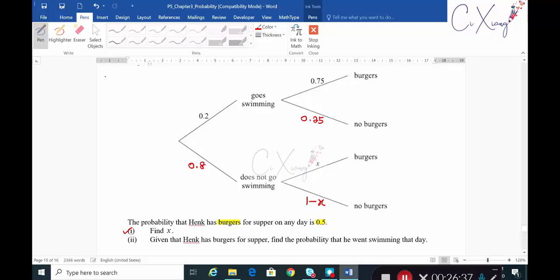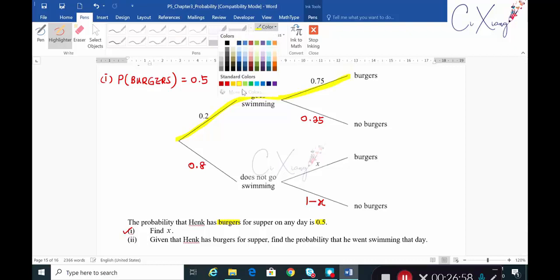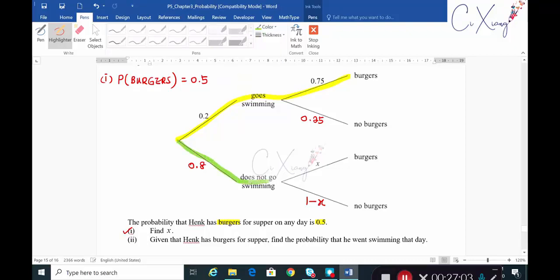So this information tells you that the probability that Hank has a burger is equal to 0.5. Again, from this tree diagram, where do I have the outcome of having a burger? Go swimming, having a burger, this is the first pathway. And after that, does not go swimming but has a burger is the second pathway here.